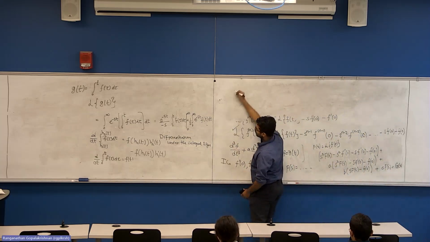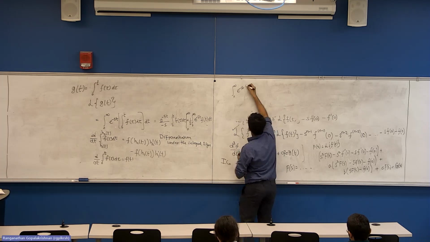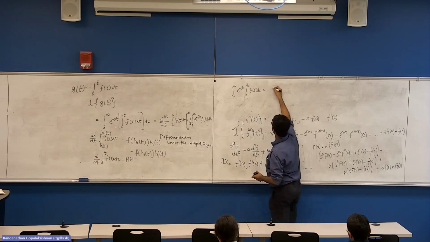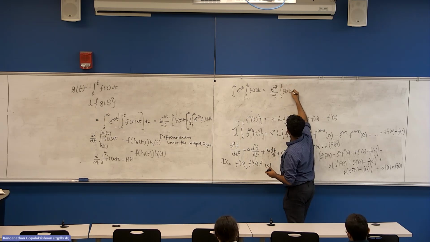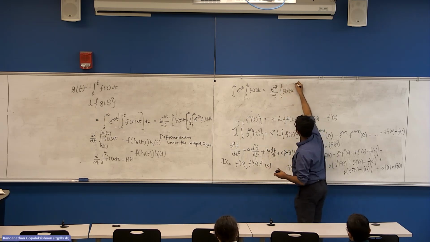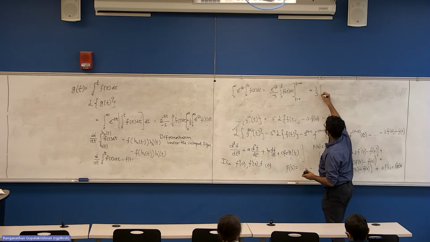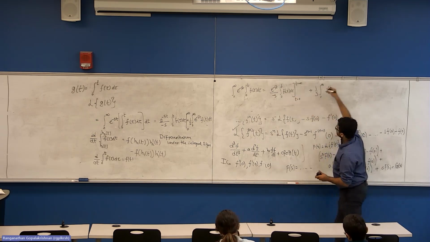Let me rewrite this. I think I made it a little cluttered. So the integral from 0 to infinity of e power minus st times the integral from 0 to t of f of tau d tau equal to e power minus st divided by minus s times the integral from 0 to t of f of tau d tau, and this has to be applied between t equal to 0 to t equal to infinity, plus 1 over s times the integral from 0 to infinity of e power minus st. What is the derivative of this?